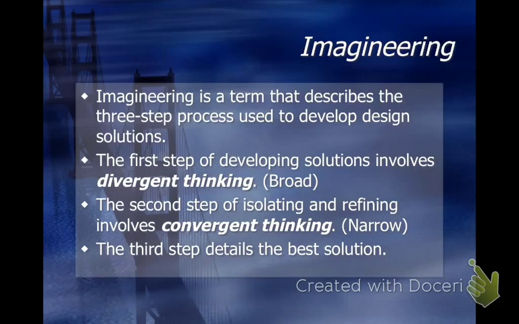That is called converging or convergent thinking. We're converging into a narrow path. So when we're thinking divergent thinking, we're thinking of a lot of different things. Then we're converging and thinking convergently for one solution. Then the last step, again, 3 special steps, is selecting the best one and making it a detailed solution.